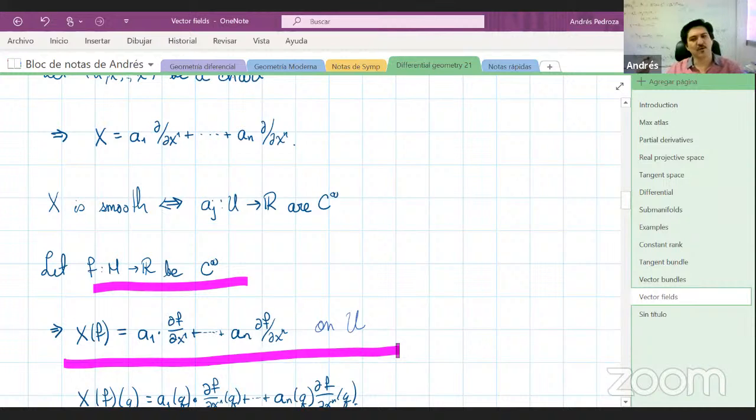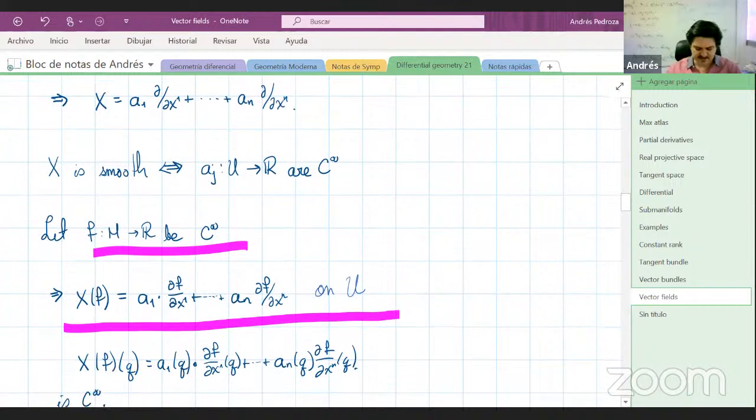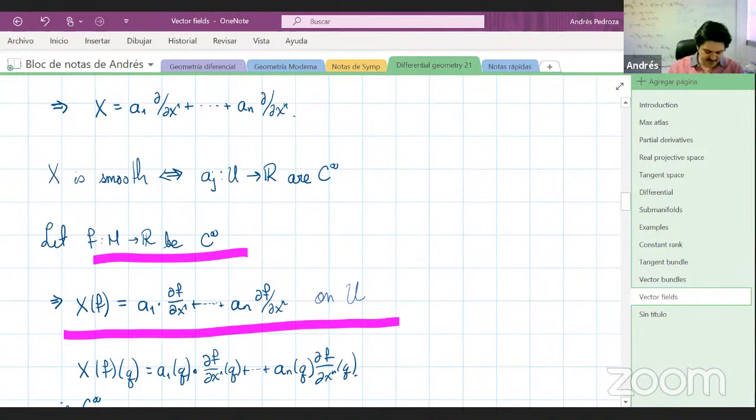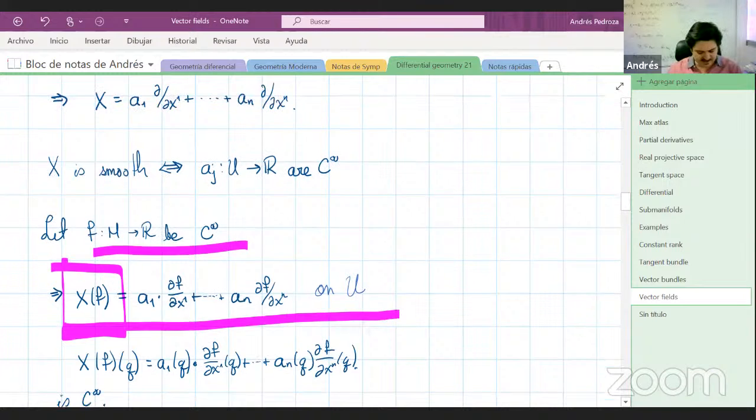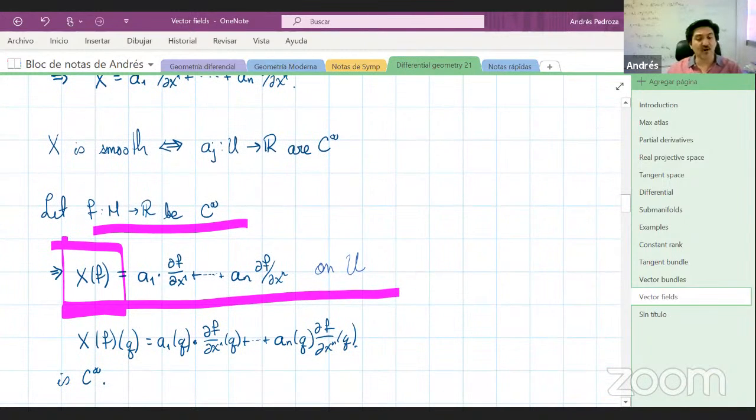That's the definition of a derivation acting on a function. But if you prefer to write down the coordinates, you have this. Remember, the aim is to show that this is a smooth function. And it happens that it is smooth on U.